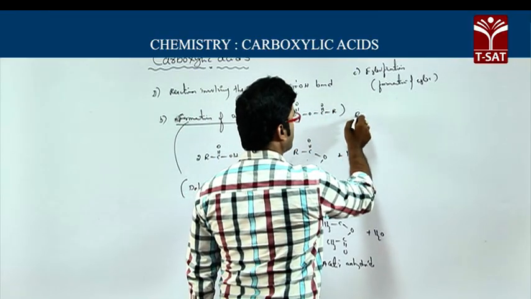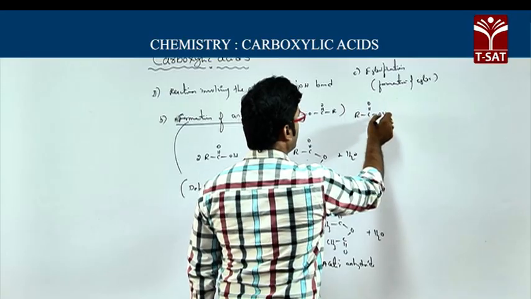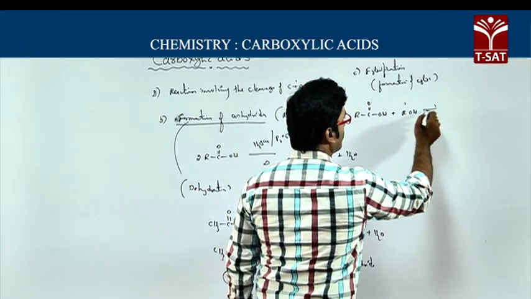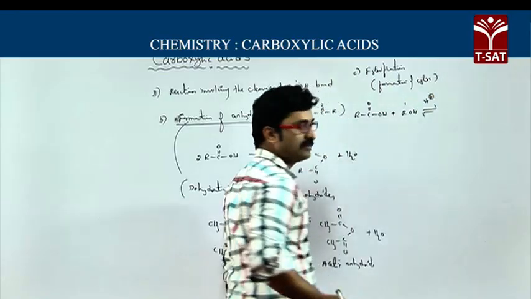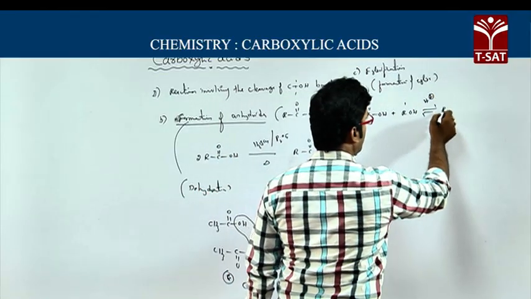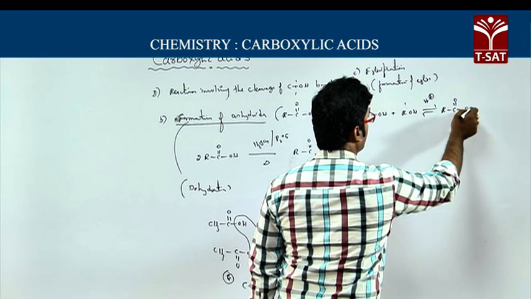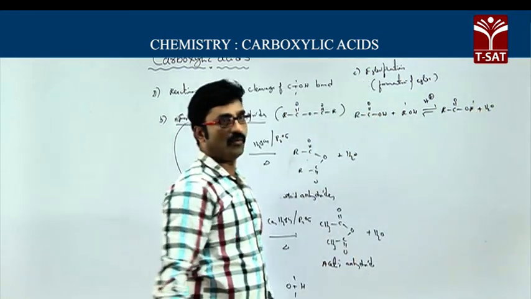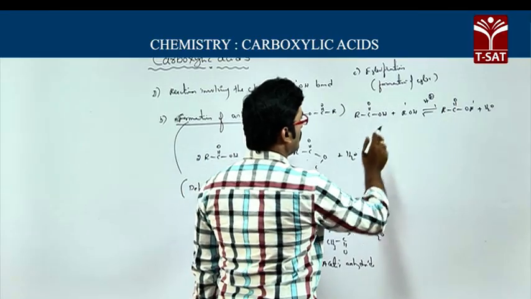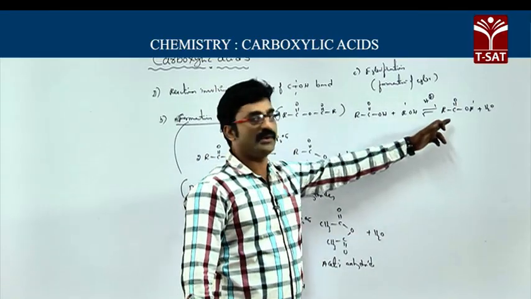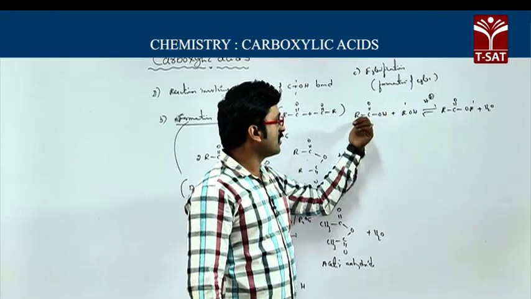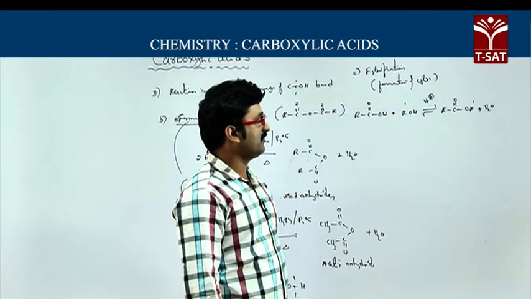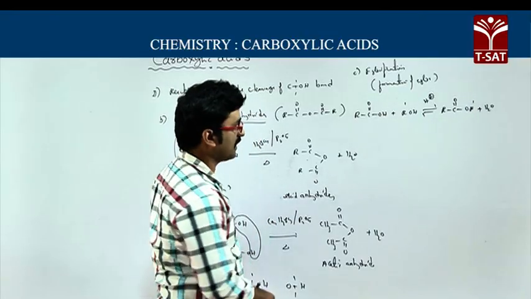Now carboxylic acids react with alcohols in the presence of acid H plus, you will get R C double bond O OR plus water. This process, you know, the process of formation of ester from carboxylic acids and alcohols in the presence of acid is called as esterification or else Fischer esterification.